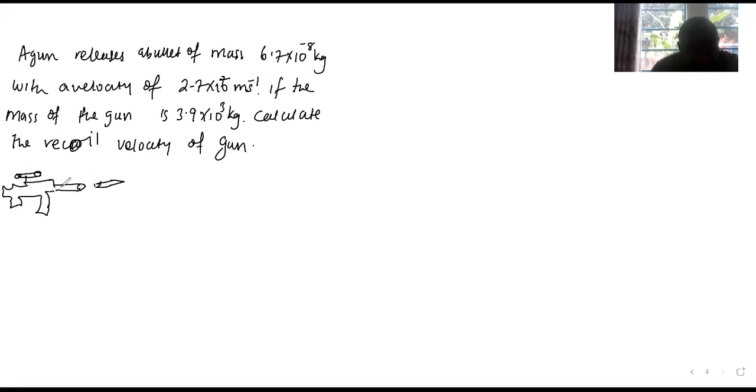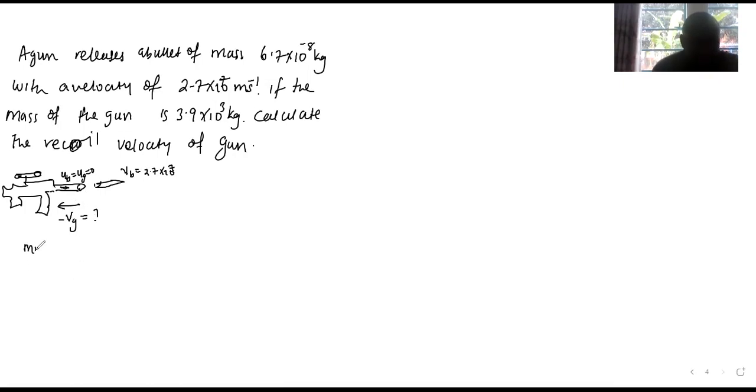Before, when the bullet is inside the gun, the initial velocity of the bullet is equal to the initial velocity of the gun, which is 0. After, the velocity of the bullet is 2.7 times 10 to the power 7. Then the gun jerks backwards with the velocity of the gun, which is negative because it is moving in a different direction, which we don't know, and we are calling it the recoil velocity of the gun.